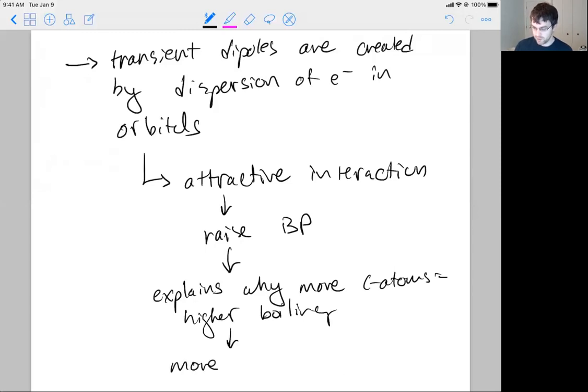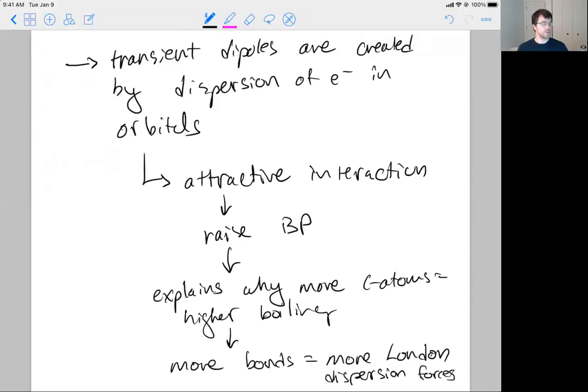More bonds equals more London dispersion forces. Okay. Hopefully that is somewhat clear. So more bonds, more dispersion forces leads to stickier molecules leads to higher boiling molecules.